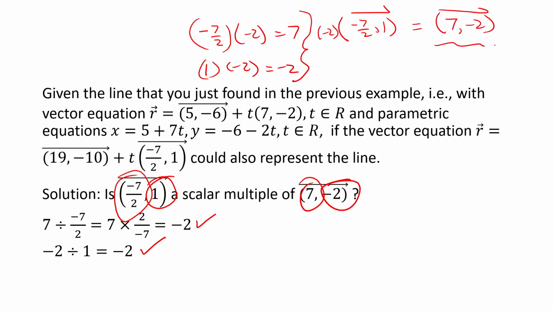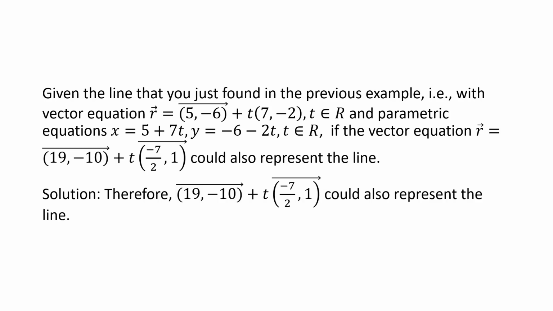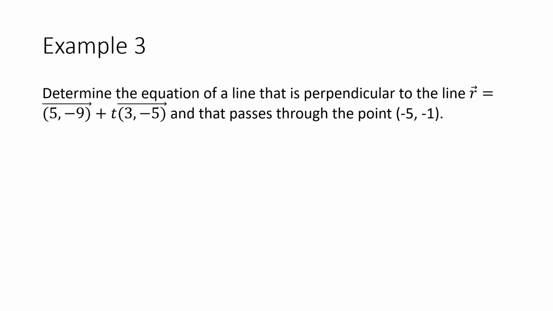Well, that vector 7, -2 is therefore collinear with that vector -7/2, 1, so it's a valid direction vector. So 7, -2 equals -2 times -7/2, 1, so the direction vectors are collinear. Therefore, since part 1 and part 2 passed, that equation could also represent the same line.